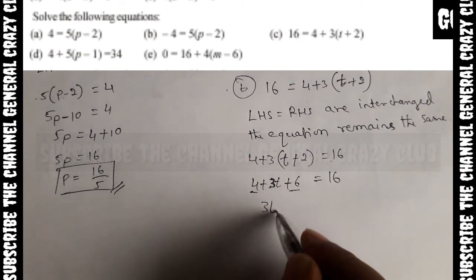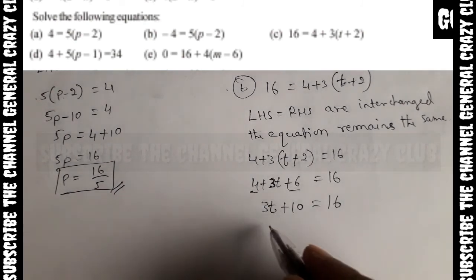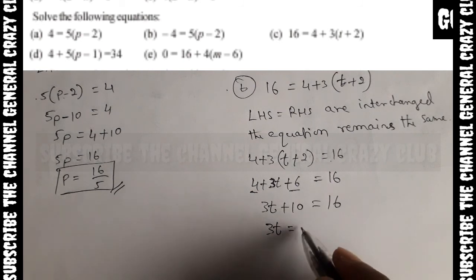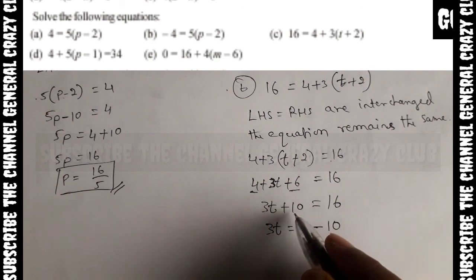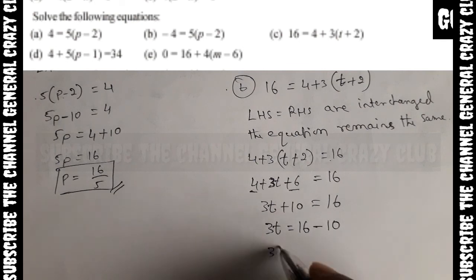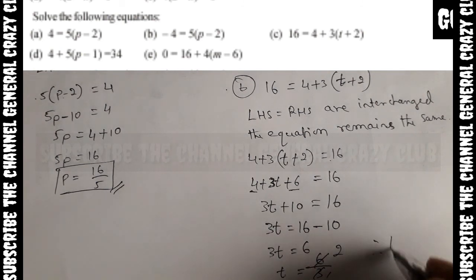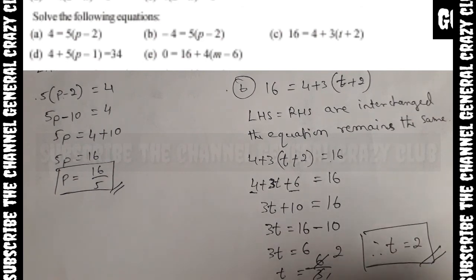Now 3t plus 10 is equal to 16. 3t is equal to 16 minus 10. We are transposing here from left hand side to right hand side, plus 10 to minus 10. 3t is equal to 6. t is equal to 6 by 3. 3 twos are 6. Therefore, t is equal to 2. Answer is 2.